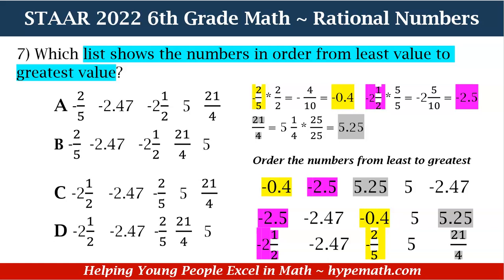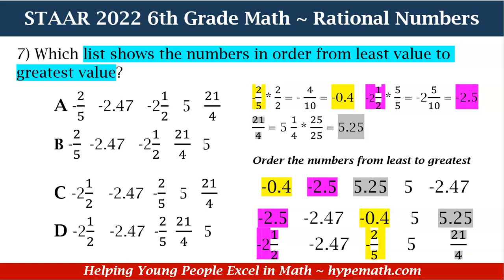Those will be first when it comes to ordering from least to greatest. What's the largest one? It is -2.5. That's going to be our first number. Next is -2.47. Then -4/10 or -0.4.